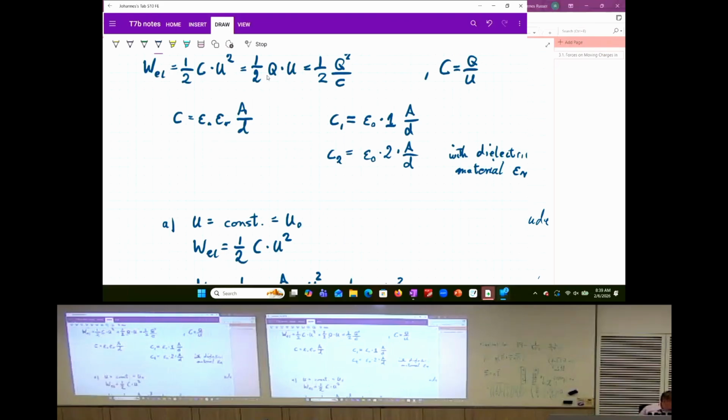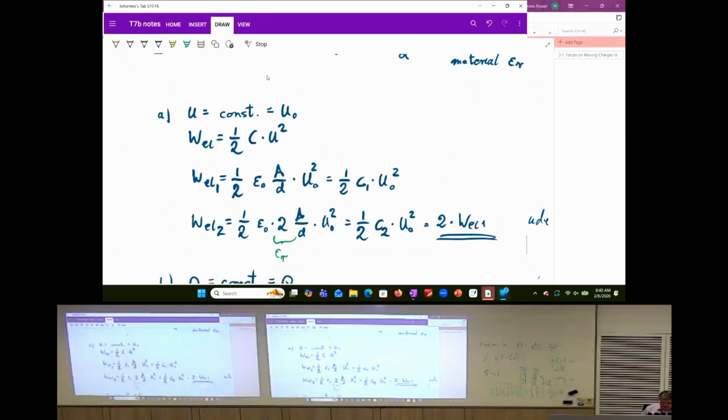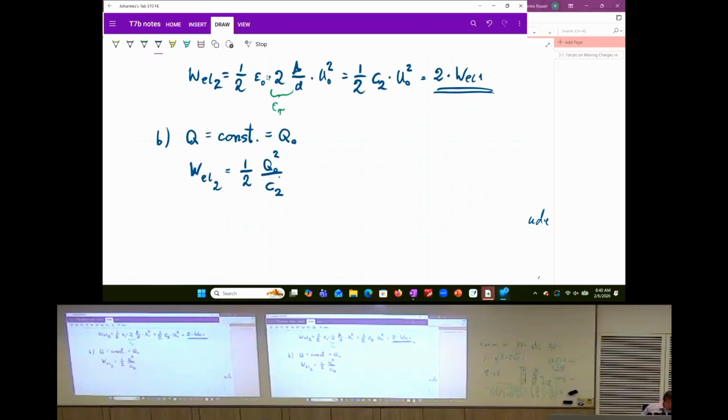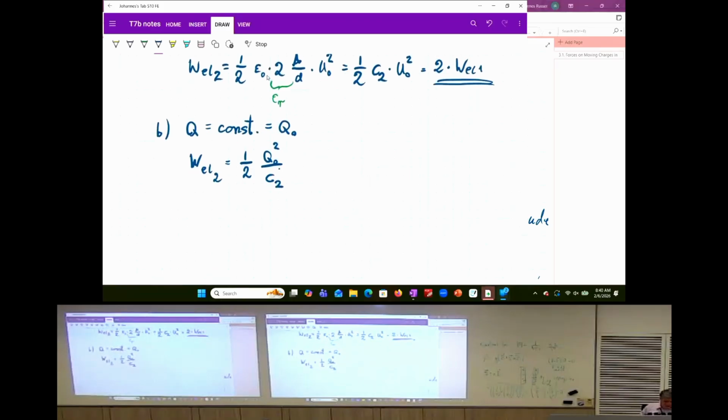So we also increase the capacitance, but the important thing is that the energy stored is also scaled up. So in the end, the energy and the capacitance in that circumstance go hand in hand. But in the second scenario, now we keep our charge constant. So the electric energy is 1/2 Q naught squared, and for the second scenario where we have inserted that dielectric, it is then 1/2 Q squared over C2.